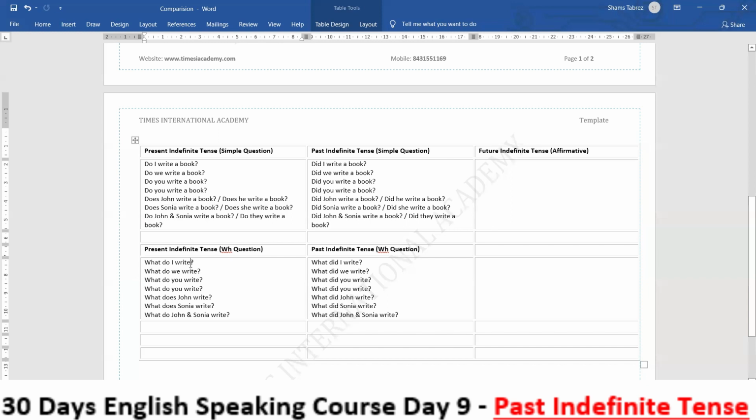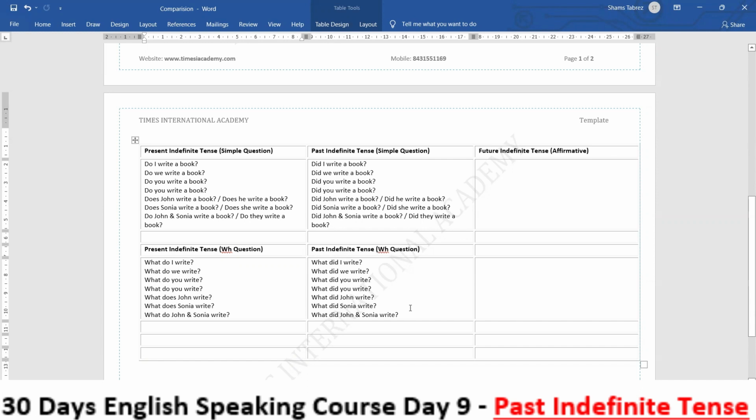But you can see that the WH word is added before the helping verb. So we can say if we add a WH word before the helping verb in a simple question, it becomes a WH question. So since helping verb do is used, that's why what do I write? And similarly for third person singular, s or es is added to the helping verb.